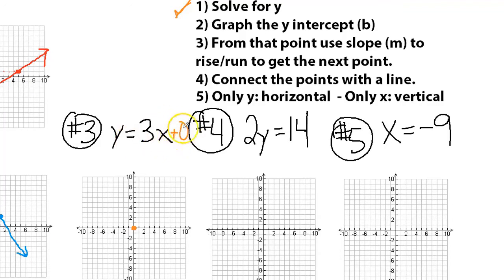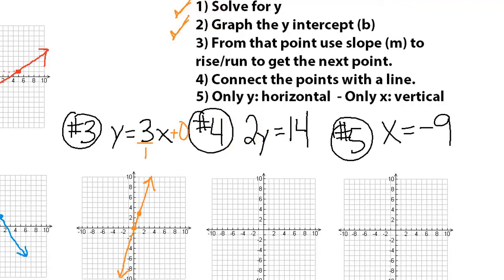There is no number, so my y-intercept is 0. From that point, use the slope to get the rise over the run. So this is a 3. I could put it 3/1. So from this point, I need to rise 3, run 1. So I'm going to go 1, 2, 3/1 and connect. Perfect. That's the answer to number 3.